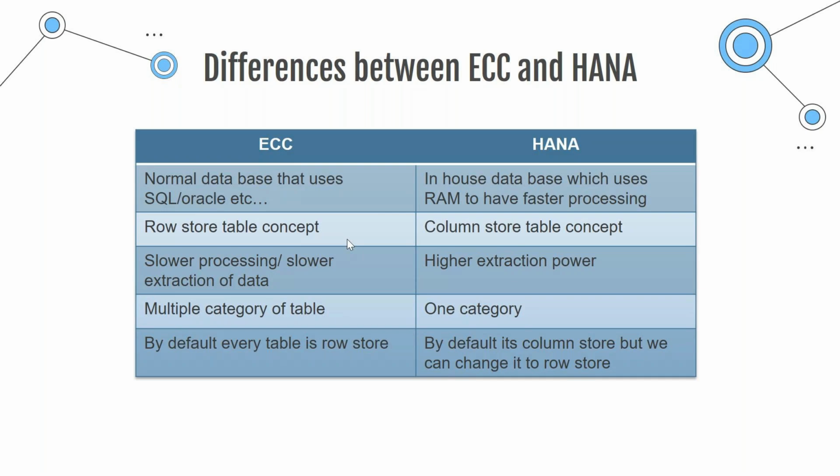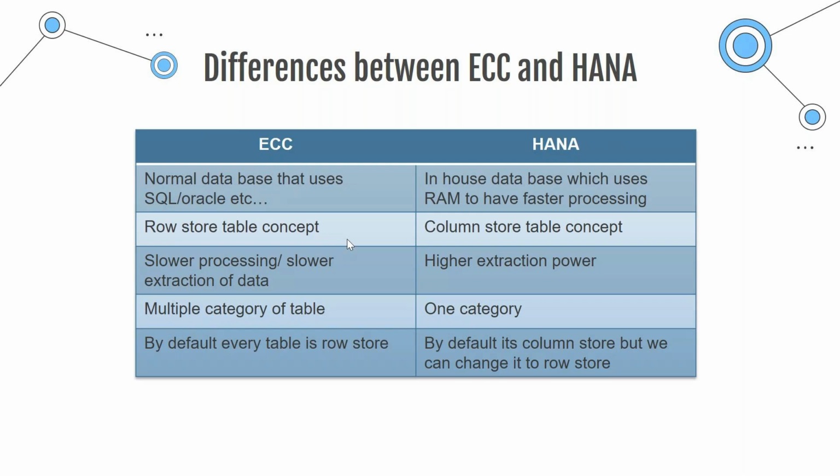The purpose of HANA is that it will have a faster processing power than your ECC system. Why? Because the databases of the ECC system use a ROM concept, which means storage concept basically, like how normal things work, like pulling the data from a database.